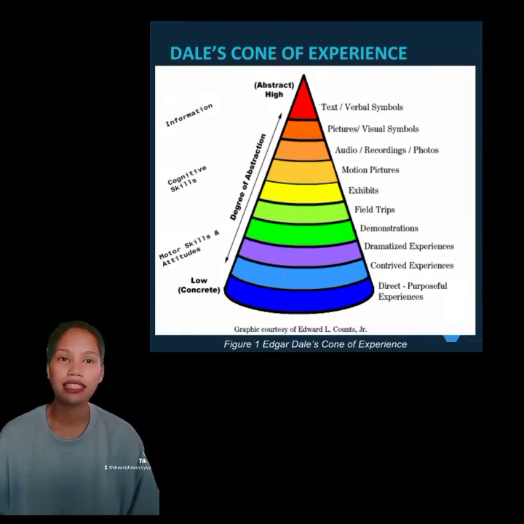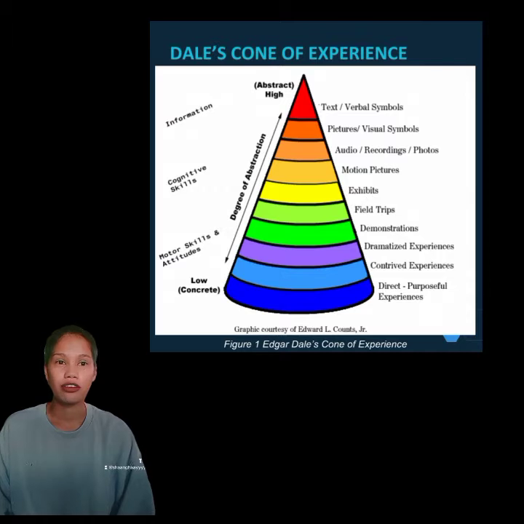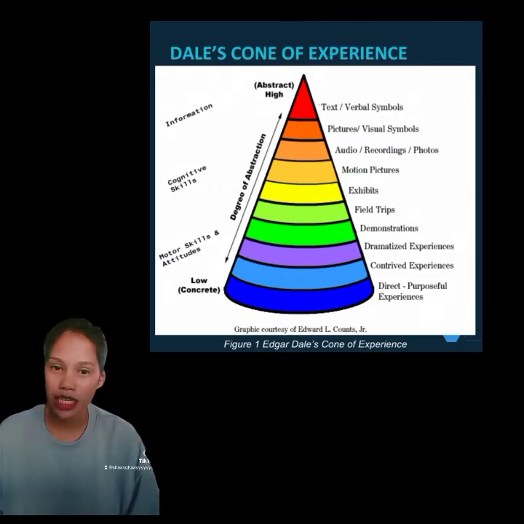Dale in 1969 asserted that the pattern of arrangement of the bands of experience is not difficulty but degree of abstraction, the amount of immediate sensory participation involved. In our teaching, then, we do not always begin with the direct experiences at the base of the cone. Rather, we begin with the kind of experience suited to the needs and abilities of the particular learning situation.